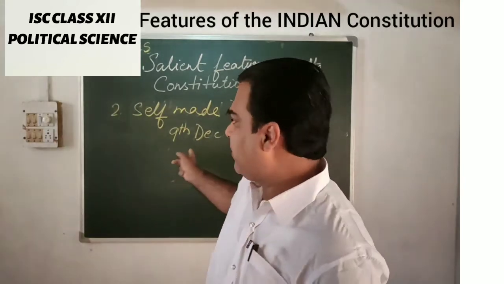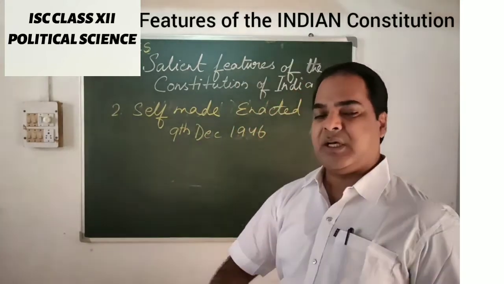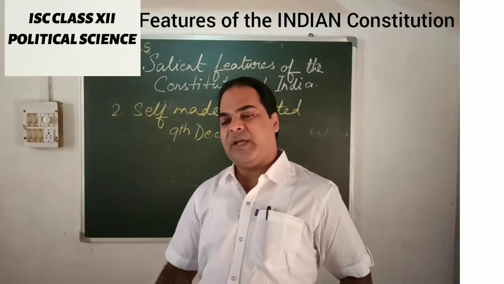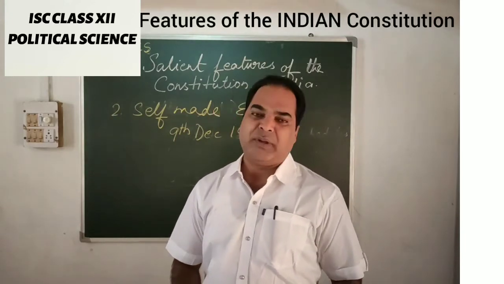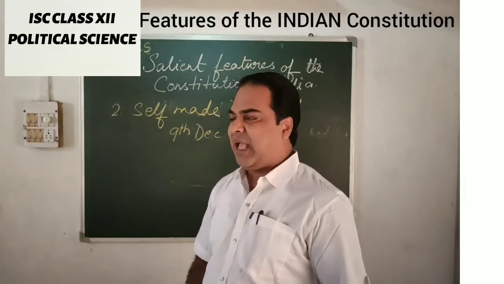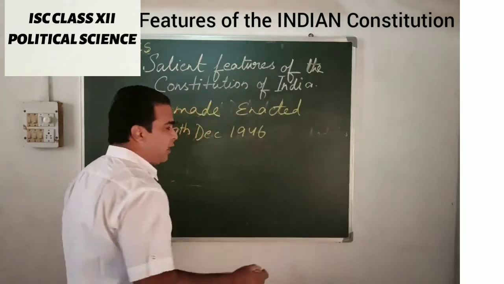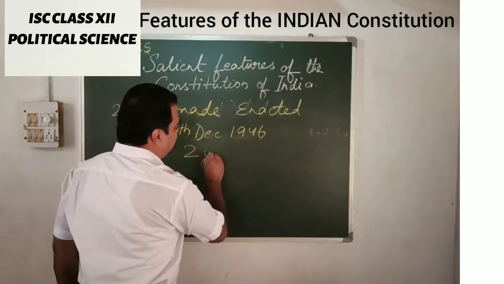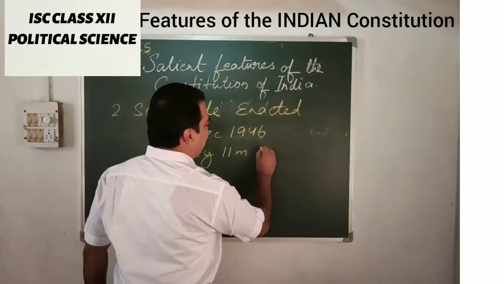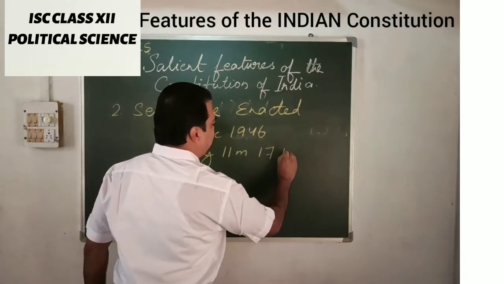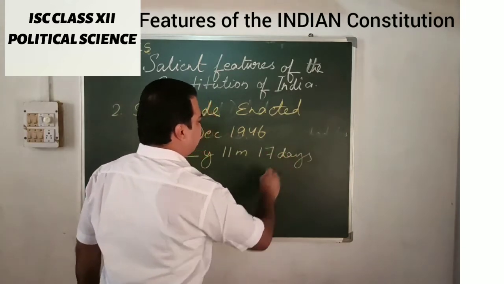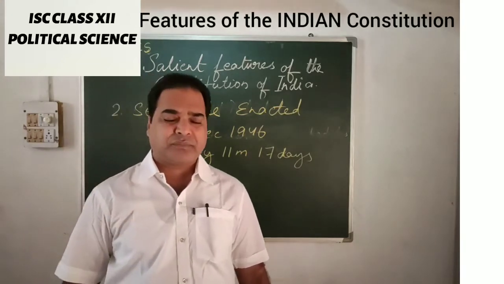On 9th December 1946, the Constituent Assembly's first meeting was held, where they decided to start the formation of our Constitution. And you know that it took 2 years, 11 months and 17 days to complete our Constitution.